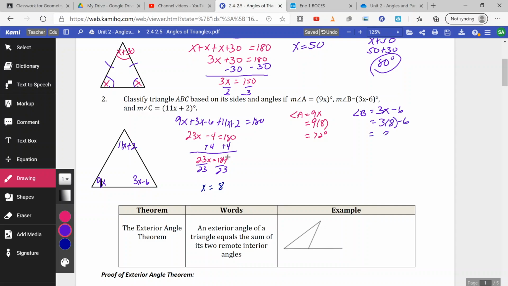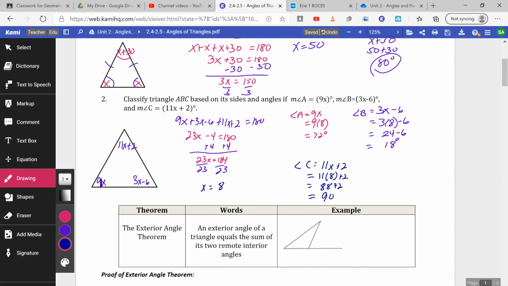So 24 minus 6 gives me 18 degrees. And last but not least, we have angle C, which is 11x plus 2. So 11 times 8 plus 2, which means we have 88 plus 2, giving us a 90-degree angle.